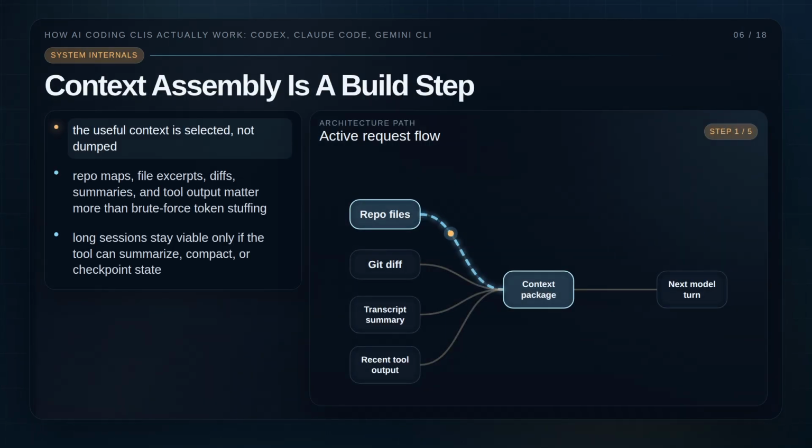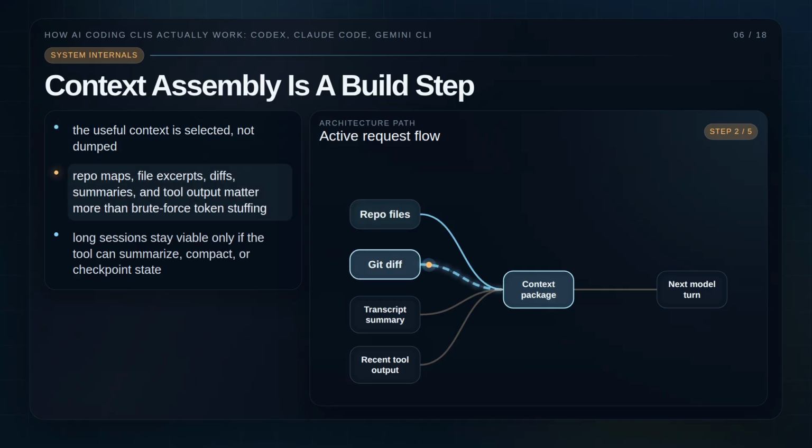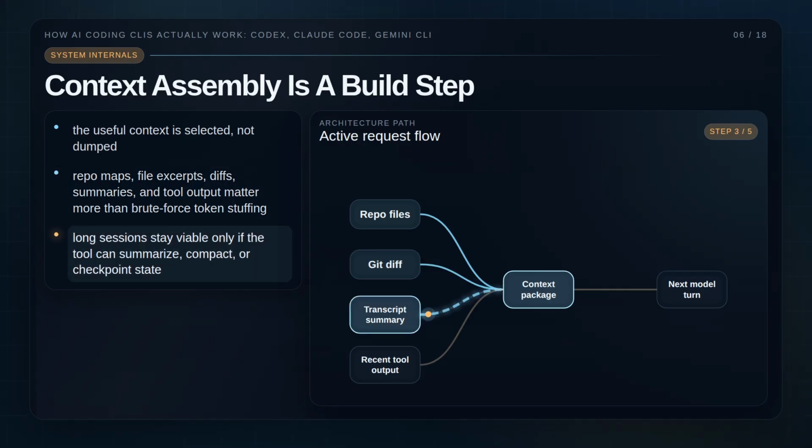Context assembly is where weak AI CLIs usually fall apart. The model does not need the whole repo. It needs the right subset of the repo, plus the relevant diffs, the current task plan, and enough recent history to stay coherent. That means context assembly behaves more like a build step than a chat append. Claude Code explicitly documents memory and automatic compaction.